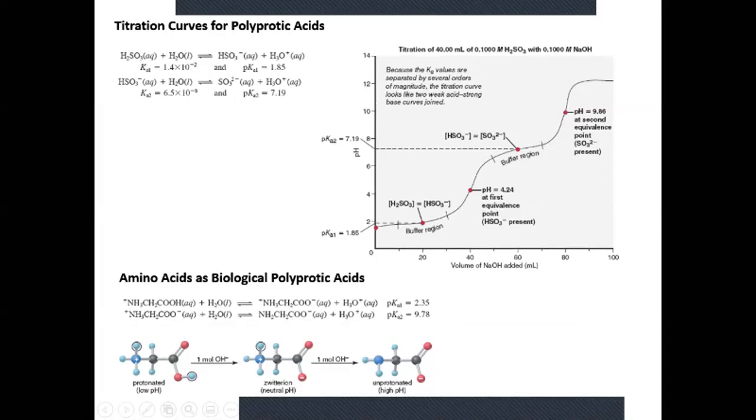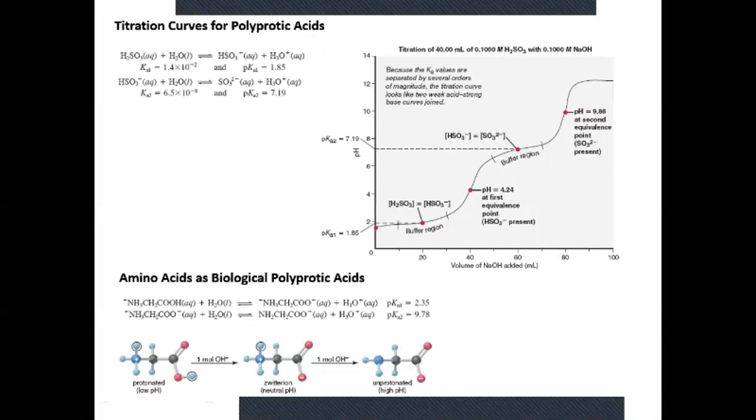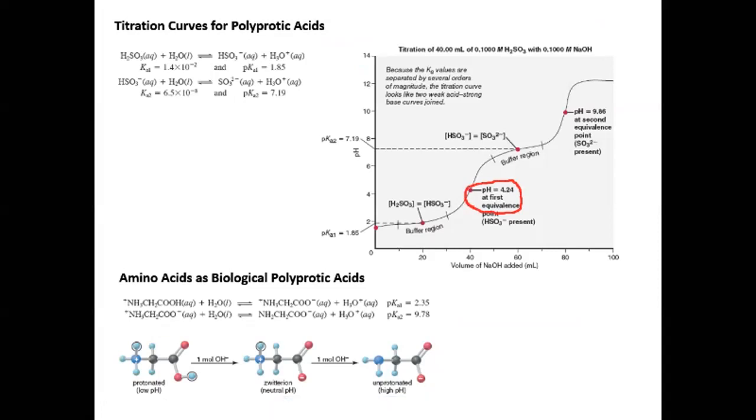So here we have 1 equivalence point for the first proton, and then we have the second equivalence point. And so as you see, as you go from the first equivalence point to the second one, you go from 1 buffer region to the next buffer region.